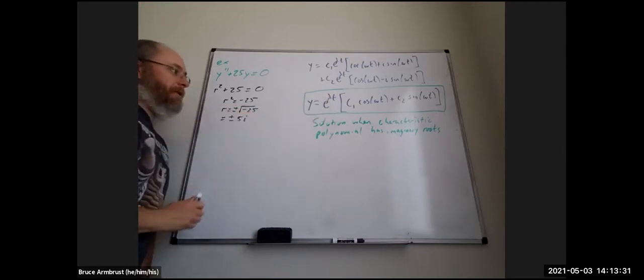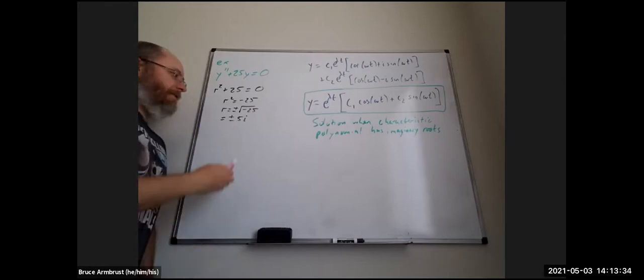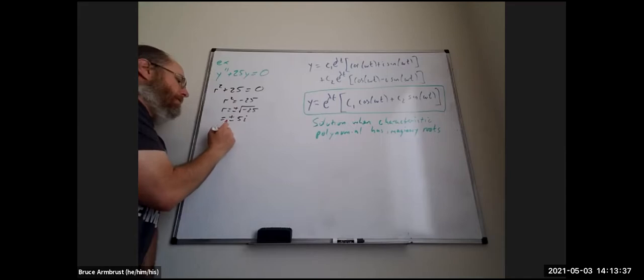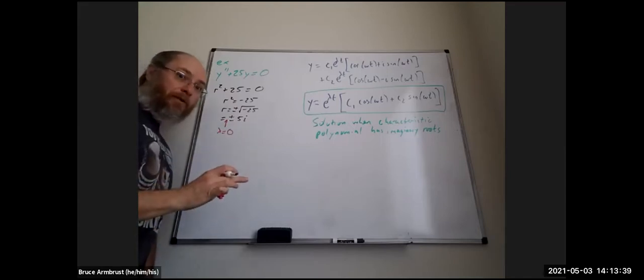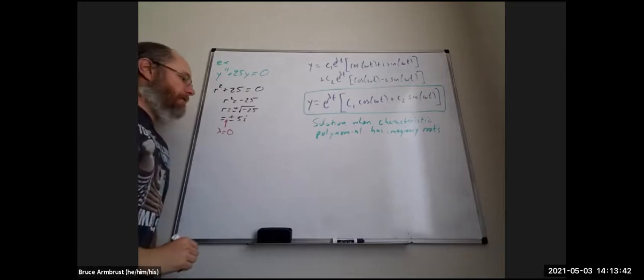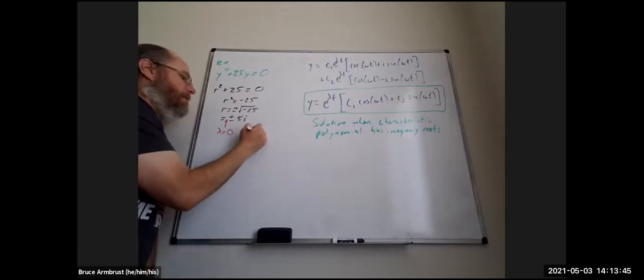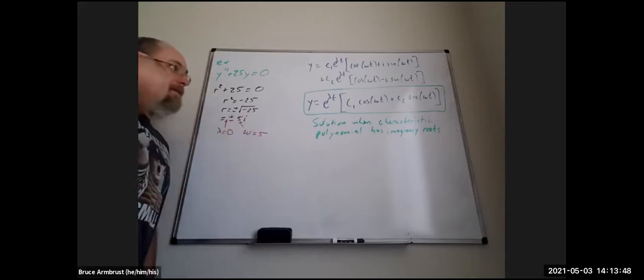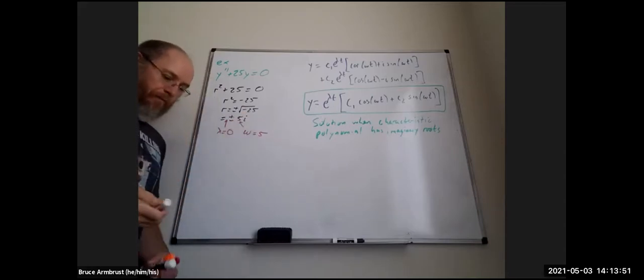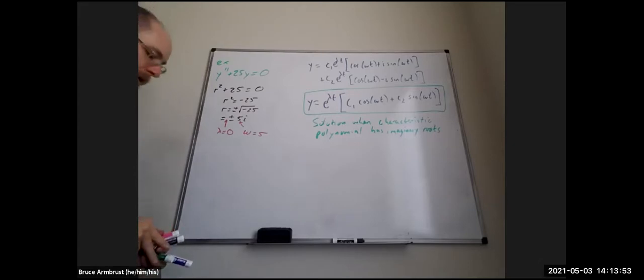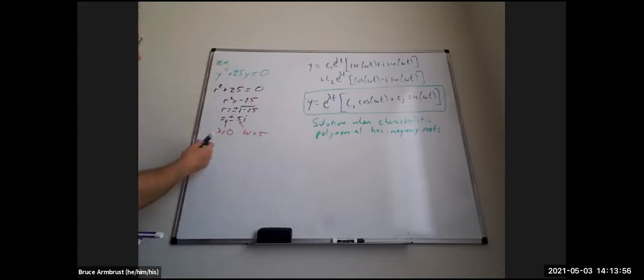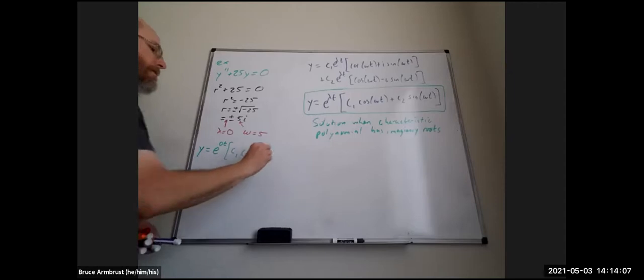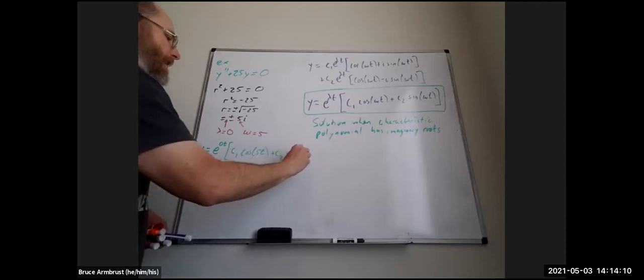So in the context of our formula, lambda is 0. There is no real part to it. So we're going to put 0 in for lambda. And then omega is going to be 5. So putting that into this formula over here tells us that what we're going to get is y equals e to the 0t times c1 cosine of 5t plus c2 sine of 5t.